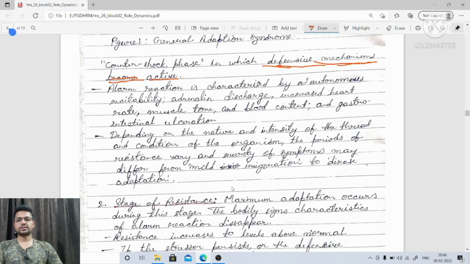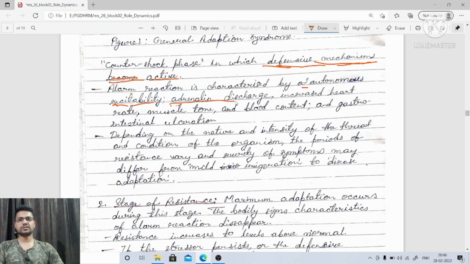Now here you can see alarm reaction. Alarm reaction is characterized by autonomous excitability. So what are the characteristics of the alarm stage? First excitability, second adrenaline discharge.